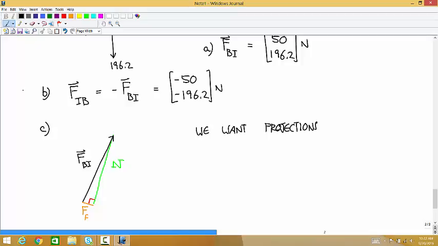Okay, we want the projections of F_BI onto the green and red lines.